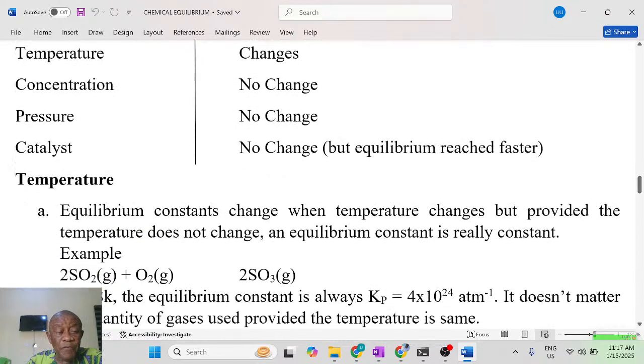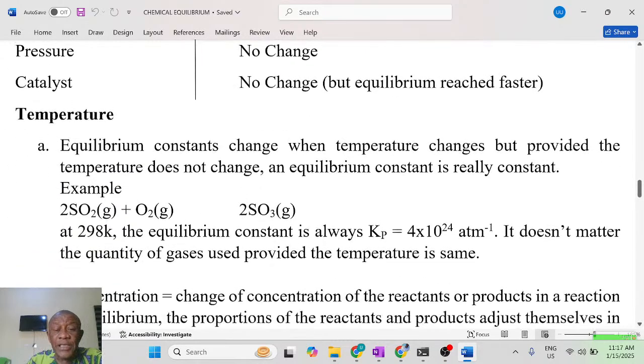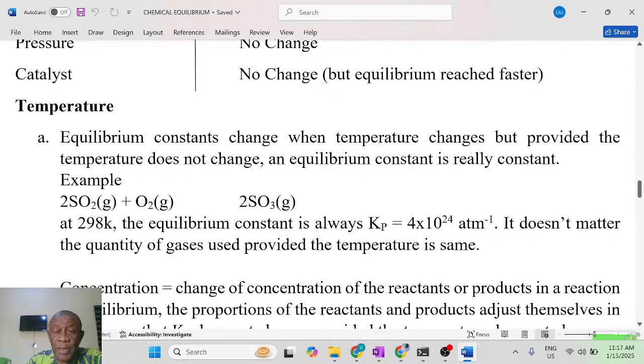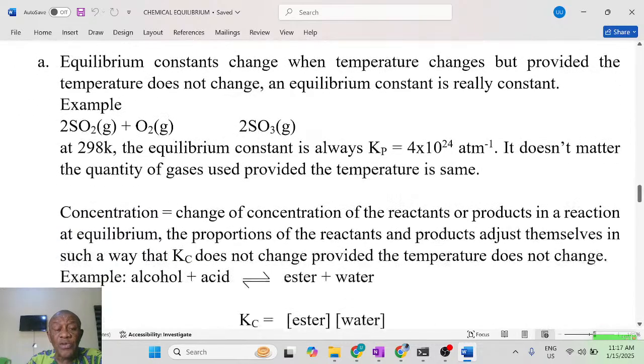So the equilibrium constant changes when temperature changes. It changes with temperature, but provided the temperature does not change, the equilibrium constant is constant. Example, we look at 2SO2 + O2 to give us 2SO3.